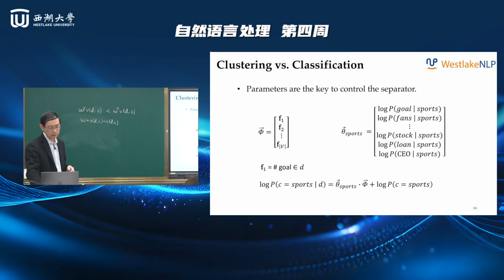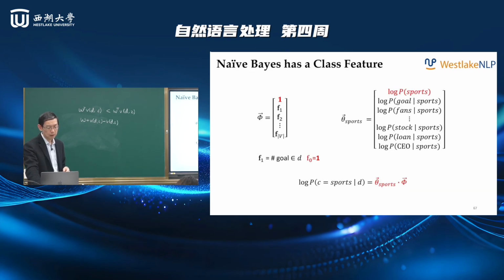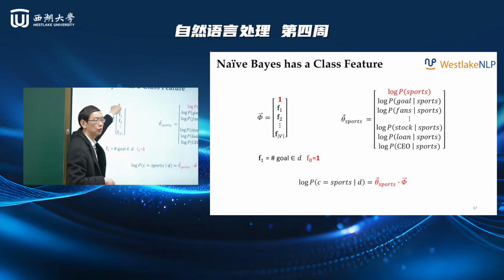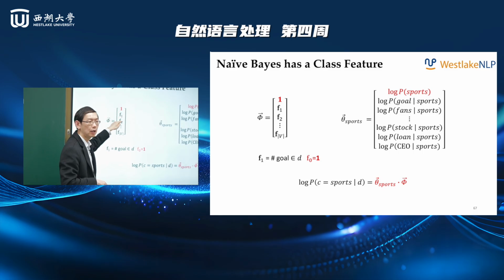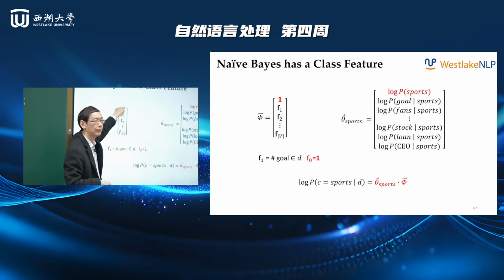It turns out that you can treat the representation of a document as this. You add a 1 to the vector, okay? So in addition to the count of every word in the document, you add 1 as the first element in your document representation.